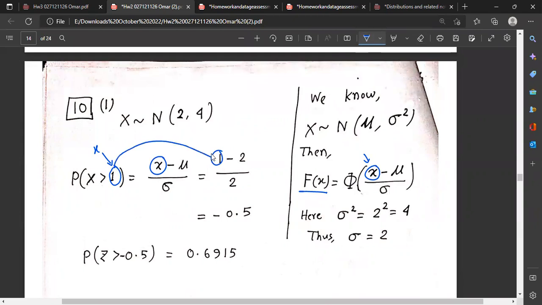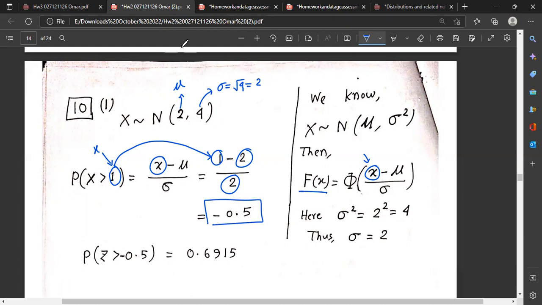This one is here. And then minus 2. So 2 is the value of mu. So we know that here the value of mu is 2. And here sigma square equal to 4. So sigma will be equal to root over 4, or here is 2, right? So (1 minus mu) by sigma. Okay. And then the answer will be minus 0.5.